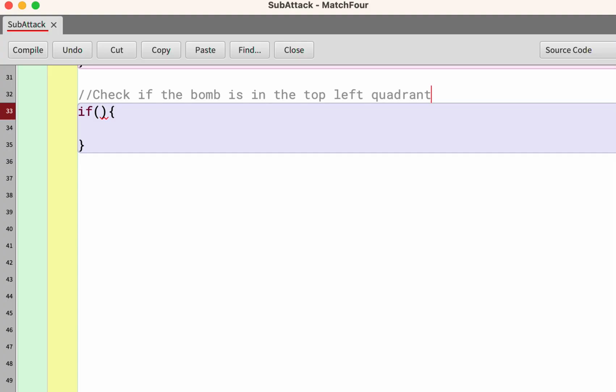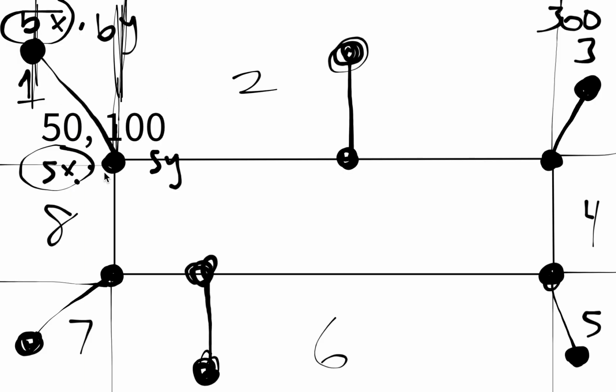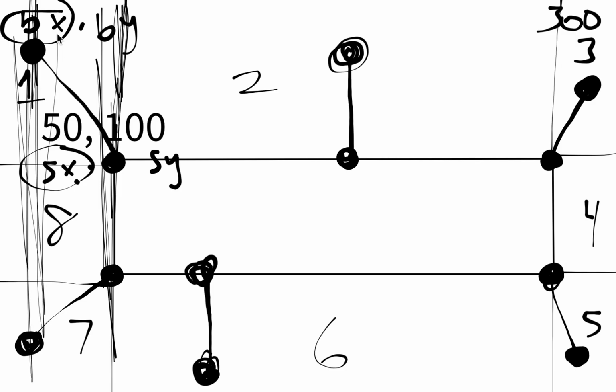And so that's what we're going to be checking for here. If bomb x is less than sub x, that means the bomb is to the left of the left side of the sub, because the left side of the sub is the sub x. This is the left side of the sub right here. And the bomb is to the left of the left side of the sub.